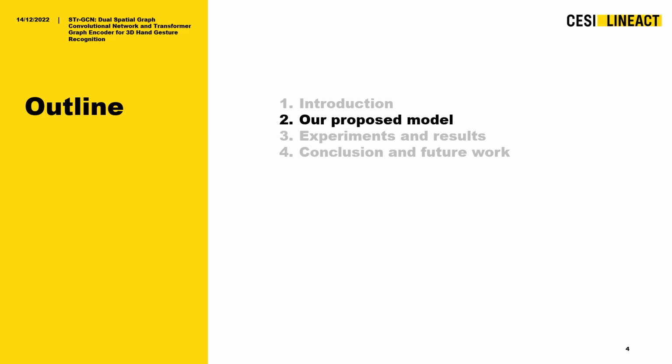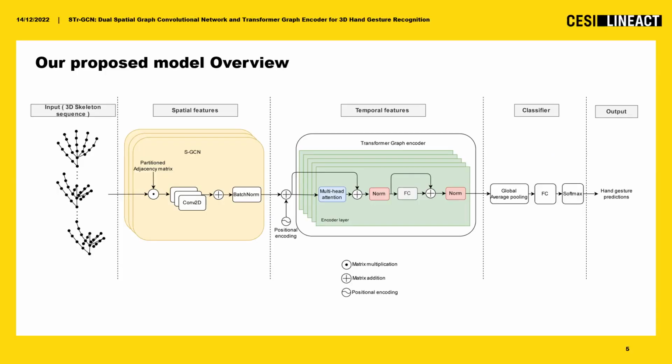Now let me introduce our proposed model. In this paper, we proposed a graph-based approach. As input data, we consider the 3D hand skeleton sequence as a graph sequence, taking advantage of the natural graph structure of the hand. Then we extract the most important descriptors with two modules.